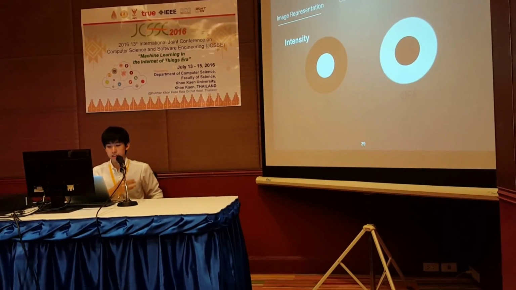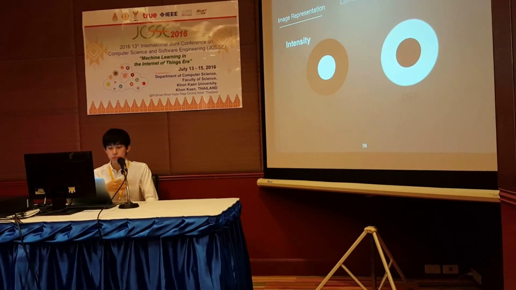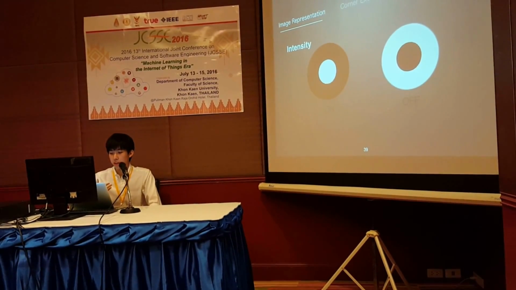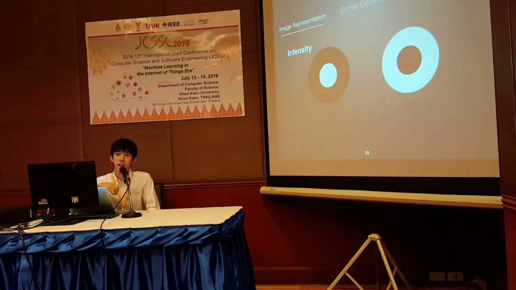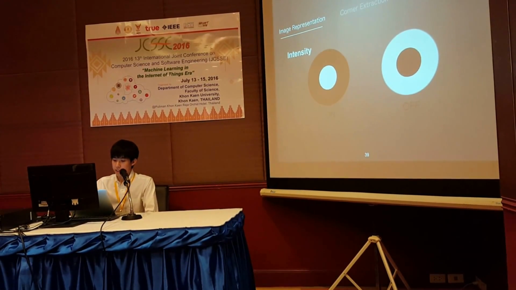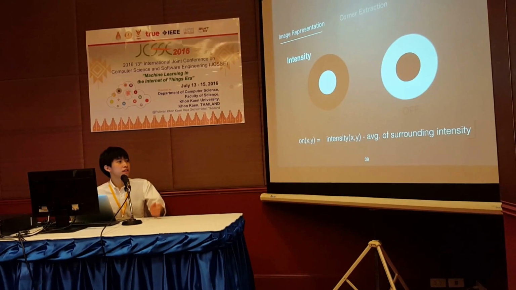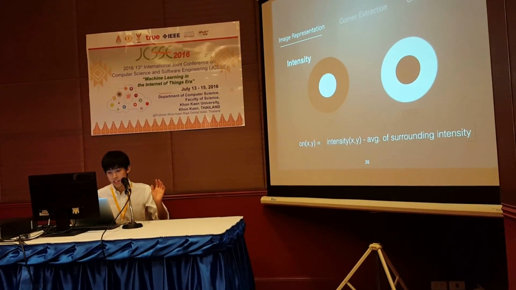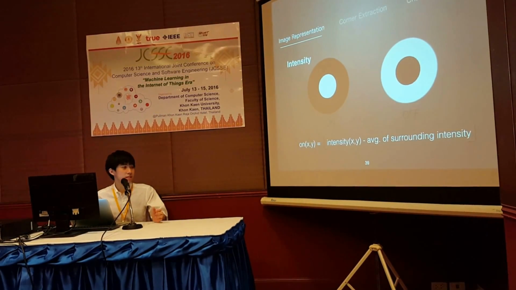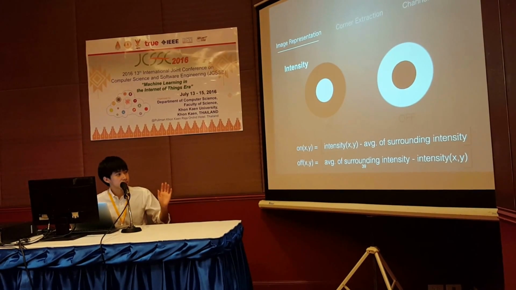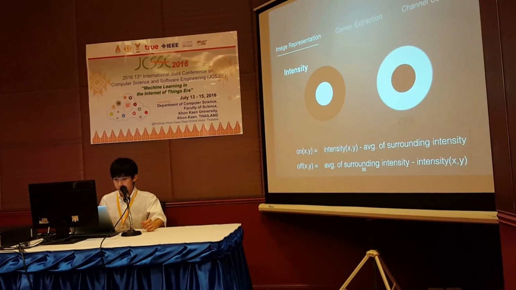The first one is the on-center, which gives the highest response when the light falls at the center and there is no light in the surrounding. And we simulate this response by this formula. And there are also the opposite kind of cells, and we also compute it with this formula.